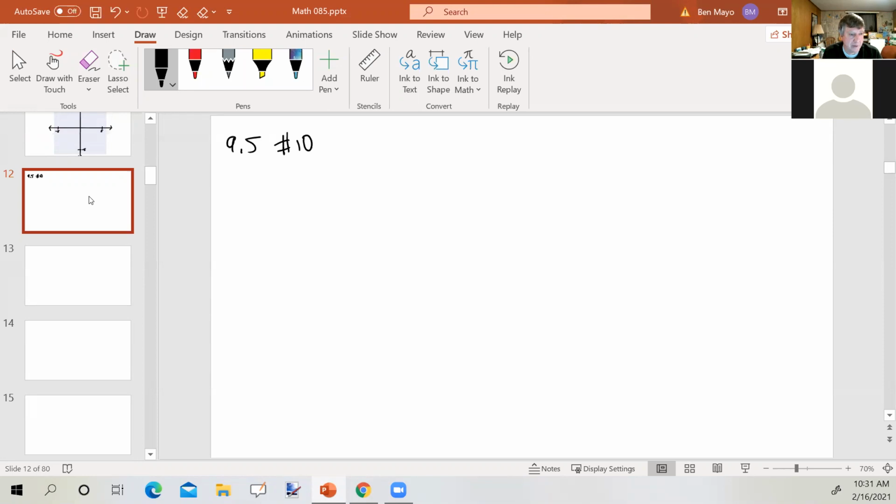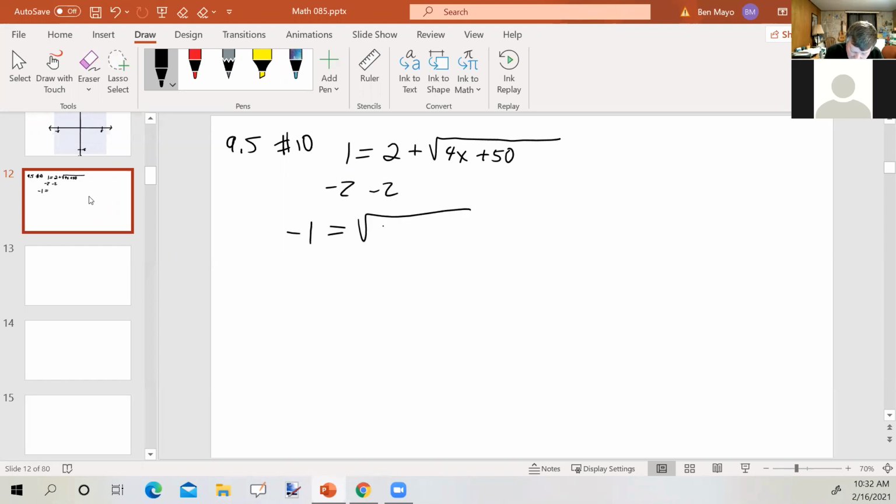Okay, so our equation is this. 1 equals 2 plus the square root of the quantity 4x plus 50. So the first thing I'm going to do is isolate the radical. I'll do that by subtracting 2 from both sides of the equation.